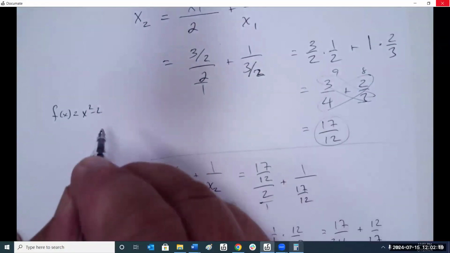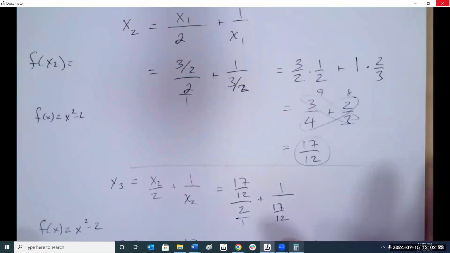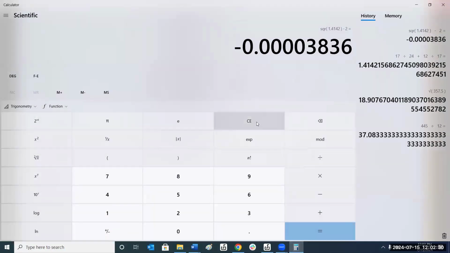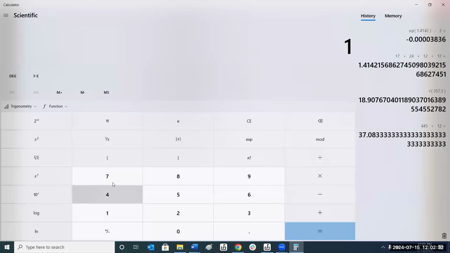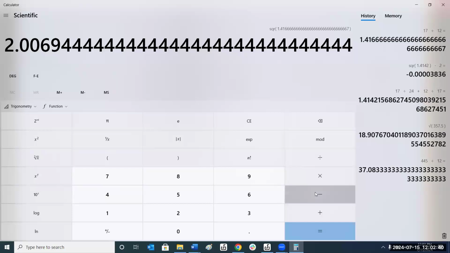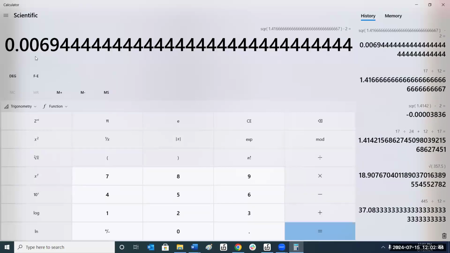At x2, at f of x2, 17/12. This one equals 0.00694.